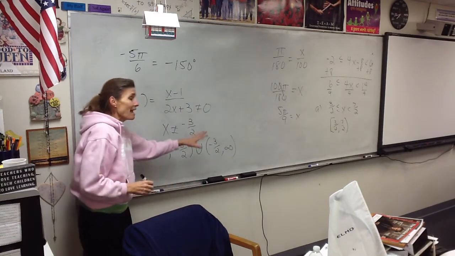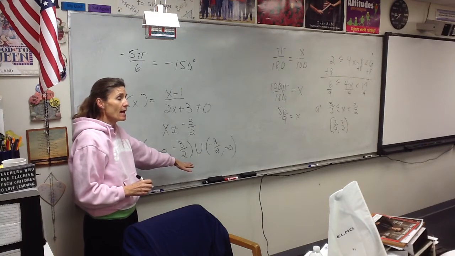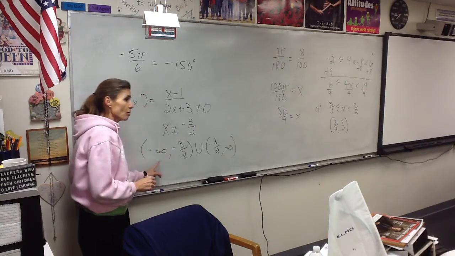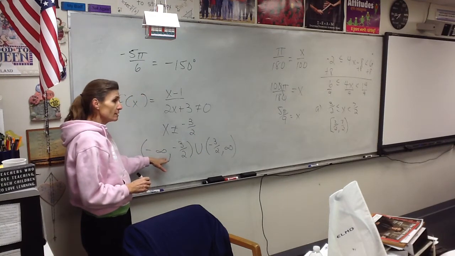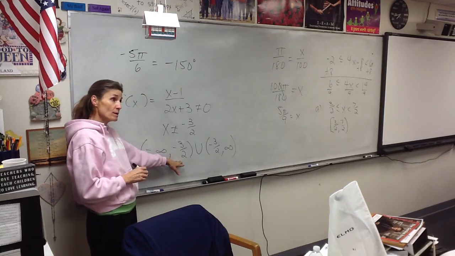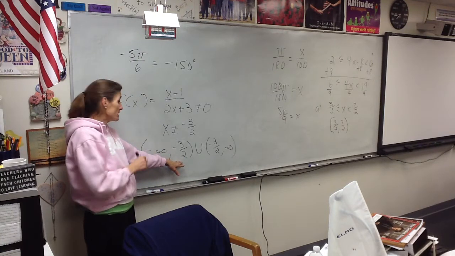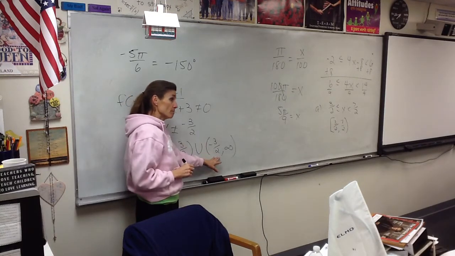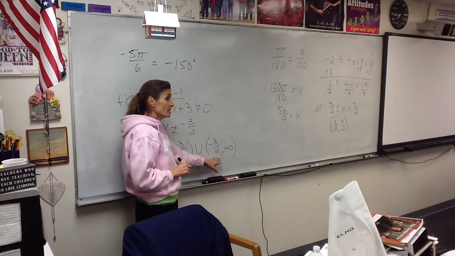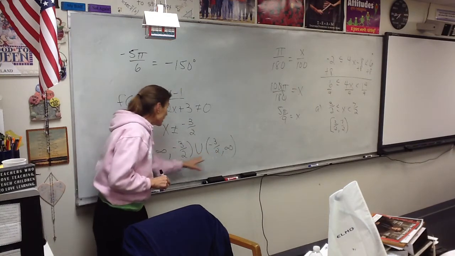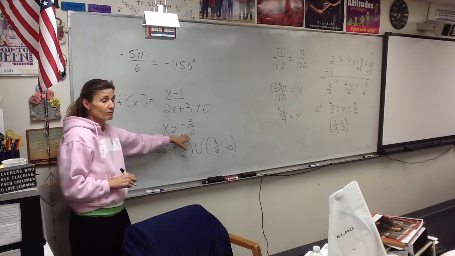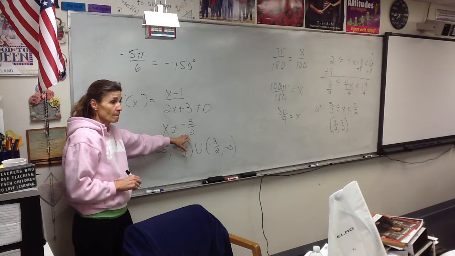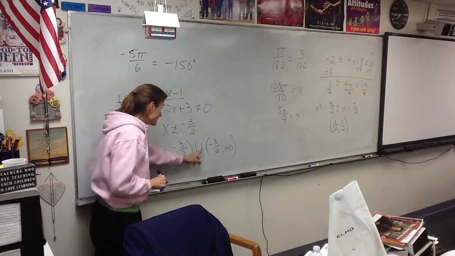That means everything except negative 3/2, because this describes everything on the number line up to negative 3/2, but not including it. And this describes everything beyond negative 3/2. So this describes the entire number line except negative 3/2. Remember, this means it's not included.